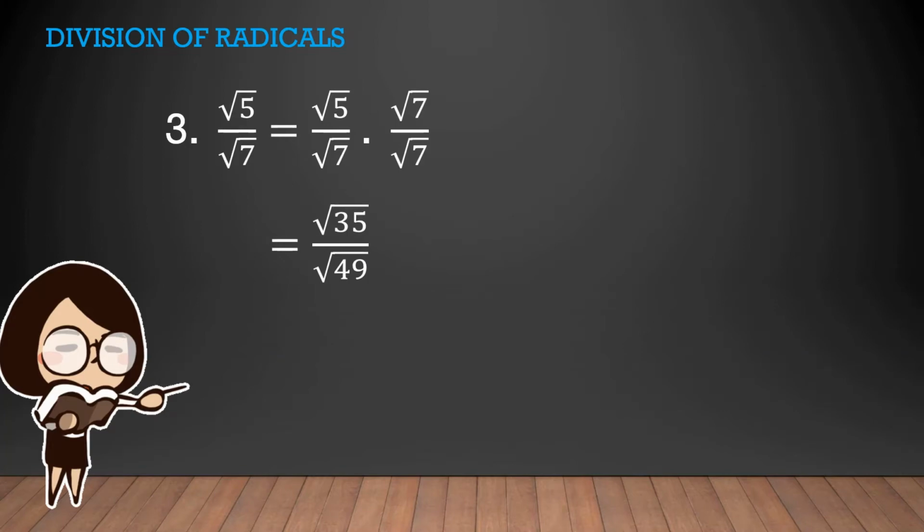So square root of 5 times square root of 7 is square root of 35. Then square root of 7 times square root of 7 is square root of 49. Then we simplify the denominator. So we have square root of 35 over 7 because the square root of 49 is 7. So square root of 35 over 7 is the final answer.